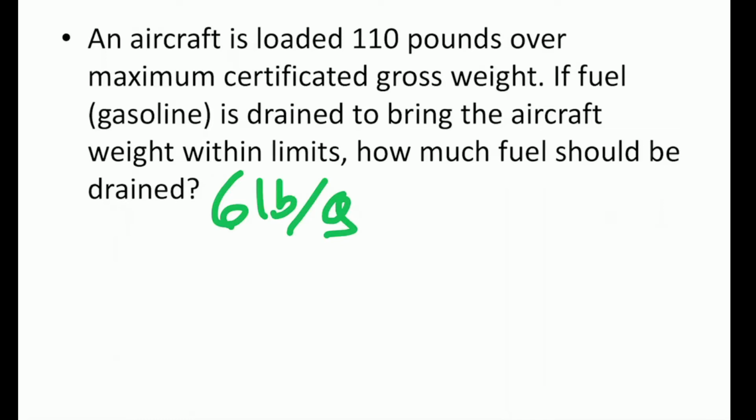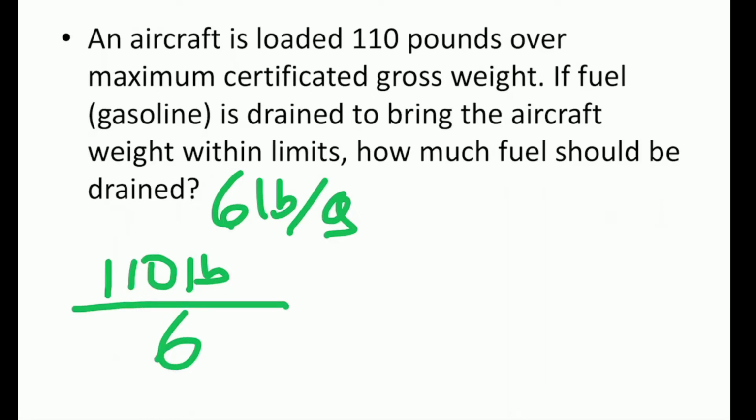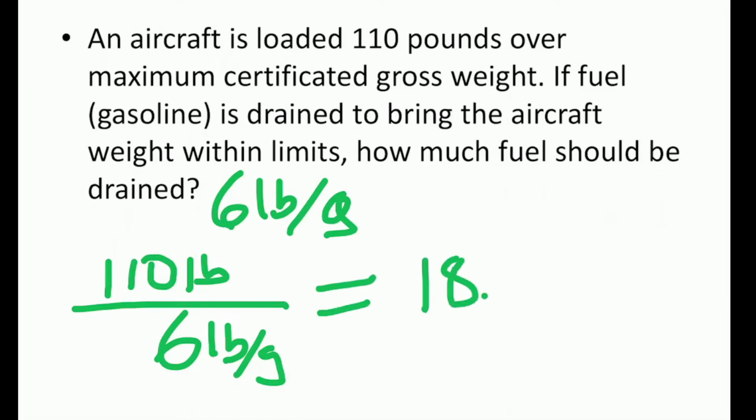We need to remove 110 pounds, so we divide that by 6 pounds per gallon, and that gives us 18.33 gallons. So the answer is 18.33 gallons. That's how much fuel we need to drain.